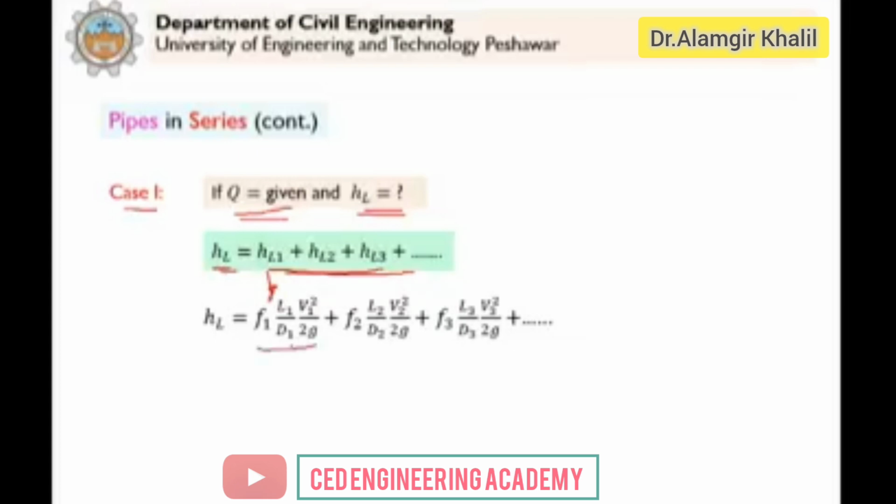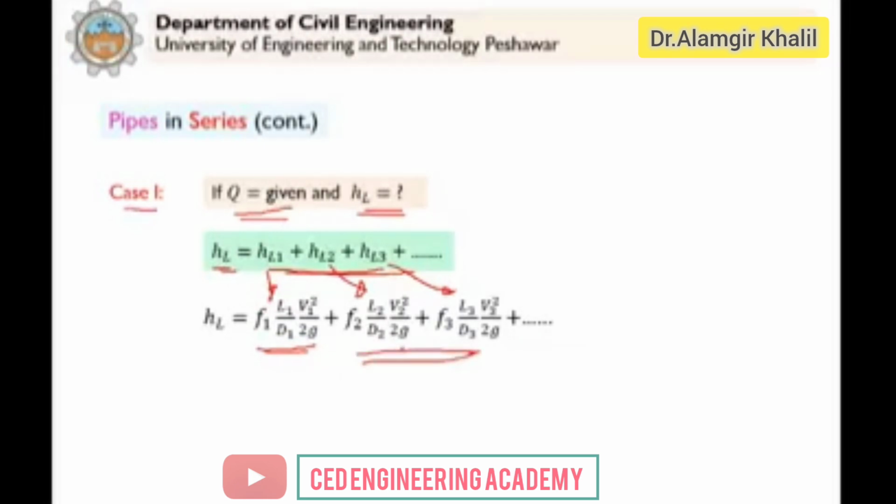For pipe 1, it will be equal to F1 L1 by D1 V1 square by 2G. Then for pipe 2, it will be given by this expression, for pipe 3 by this expression, and so on. If 3 pipes are given, it will be the sum of these 3 components. If 10 pipes are given, it will be the sum of 10 components for all the pipes connected in series.